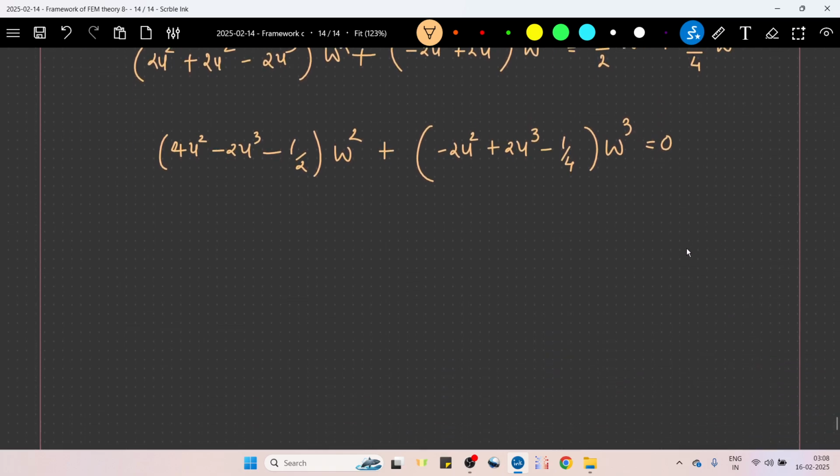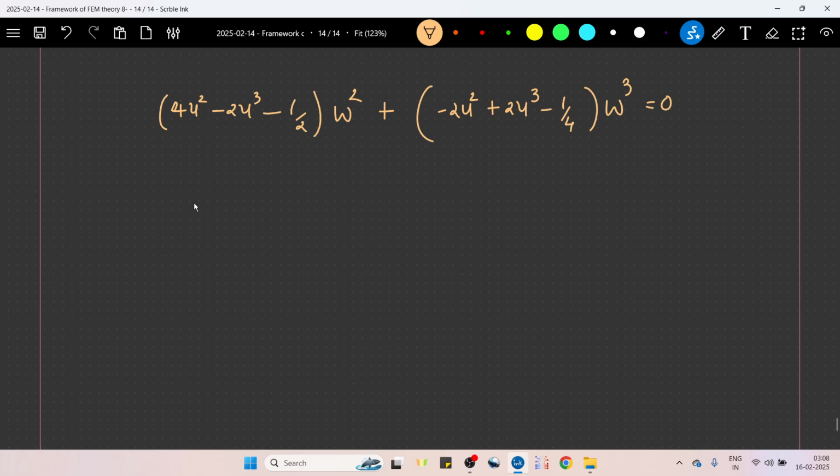Now in order to solve this problem, we know the properties of w. We know w is arbitrary, but at the same time it is non-zero. So these coefficients cannot be zero, that means these are going to be zero.